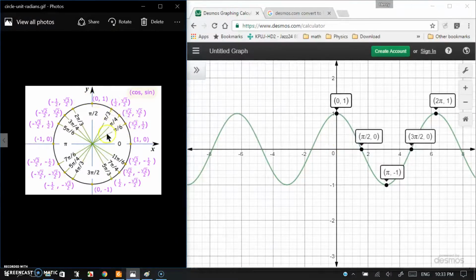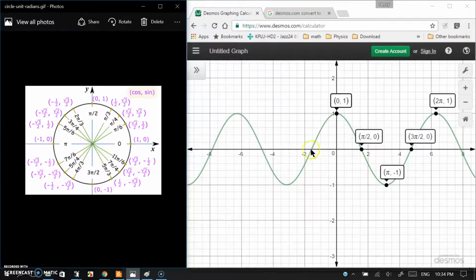There's really no connection between the x coordinates here and the x coordinates there, or the y coordinates there and the y coordinates here. There's no relationship between the coordinates. We just have to know that if I'm talking about sine, then I look at the y coordinates on the unit circle, and if I'm talking about the cosine graph, then I'm only looking at the x values, and that's it.